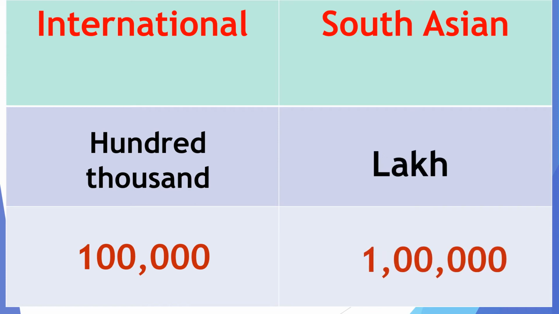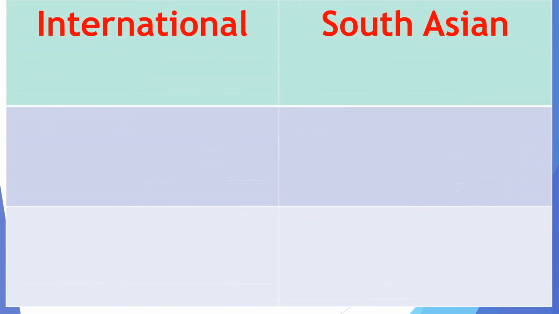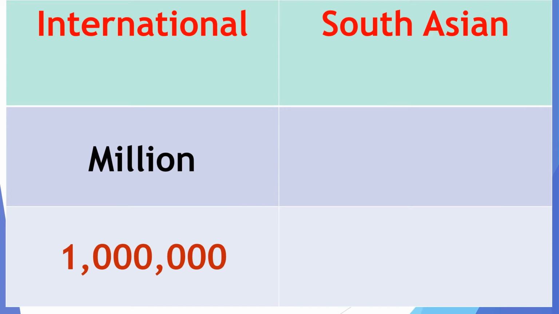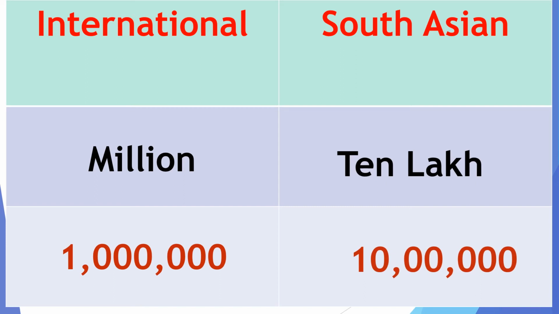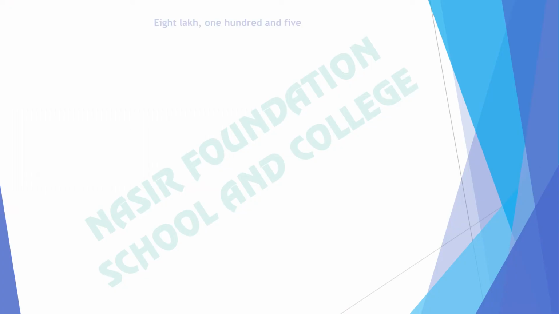In South Asian number system, 6-digit number is called lakh, and there are two commas placed in this number. First is placed after three digits from the right and second is placed after two digits. In international number system, 7-digit number is called millions, whereas in South Asian number system, 7-digit number is called 10 lakh.